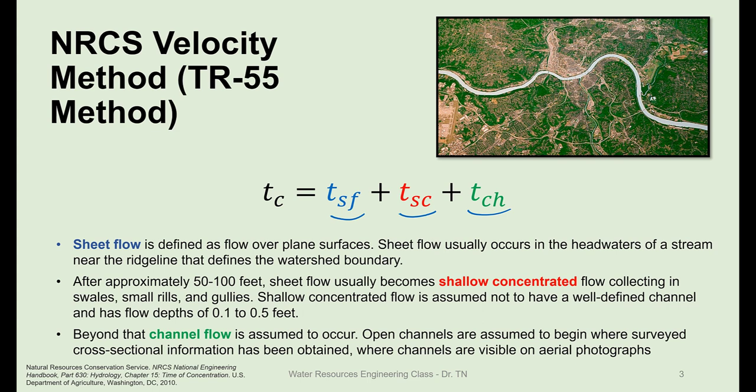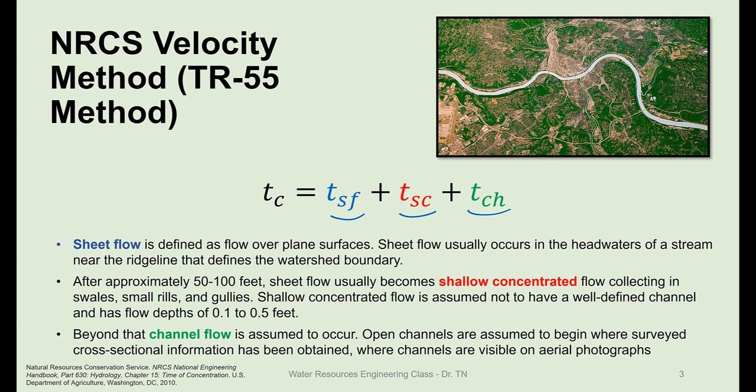Shallow concentrated flow is the flow regime that happens after sheet flow and has a maximum depth of 0.1 to 0.5 feet. The important thing is that whenever you have shallow concentrated flow, you cannot define the channel. There's no defined channel in the shallow concentrated flow regime.